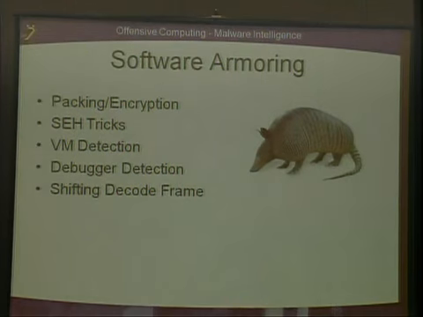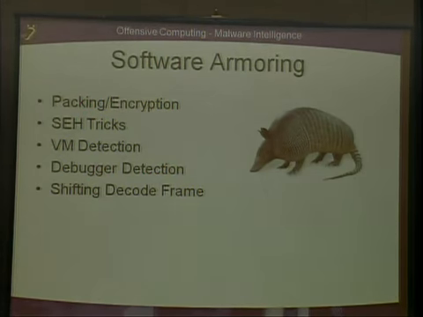Okay, so now we're going to talk a little bit about software armoring and what I'm really talking about when I say obfuscation, packing, etc. So this sort of came out of shareware and people protecting their intellectual property from being pirated, but a lot of people use this now to prevent analysts from understanding their tools. So they use things like packing or encryption, which basically obfuscates the code.